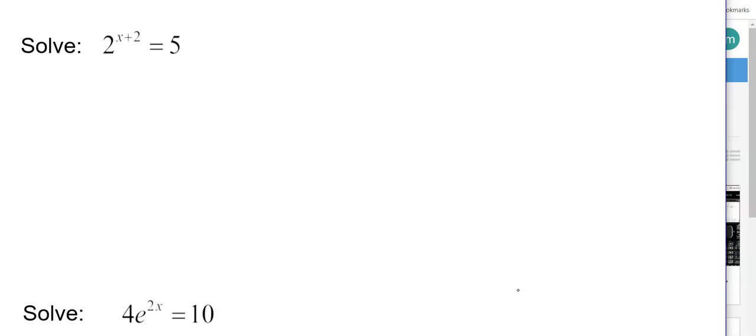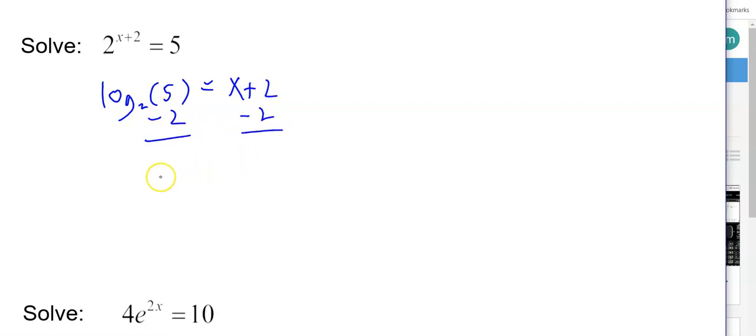Okay, let's try this one and see how it works. We're just going to try a couple problems. I think you get this. So these are equations, and we're going to try to solve them. Probably the easiest way is just to change the form, right? So this will be log base 2 of 5 equals the exponent, because logs equal exponents, x plus 2. One more step, we subtract 2 from both sides, and you get x equals log base 2 of 5 minus 2.